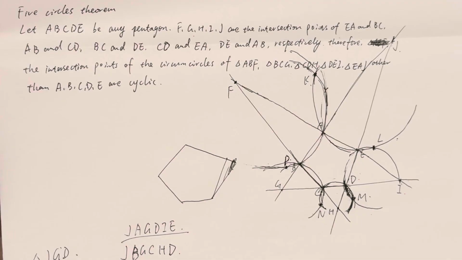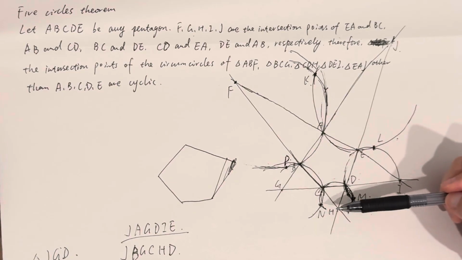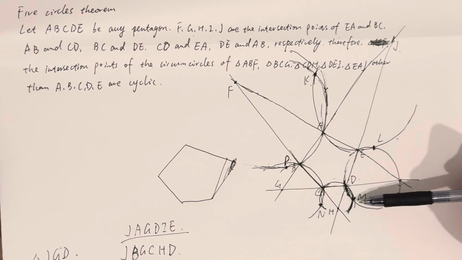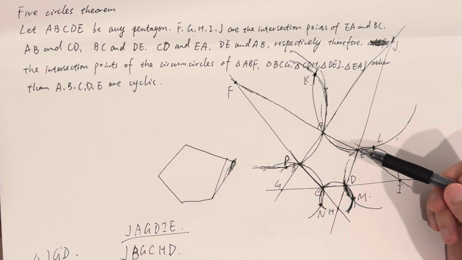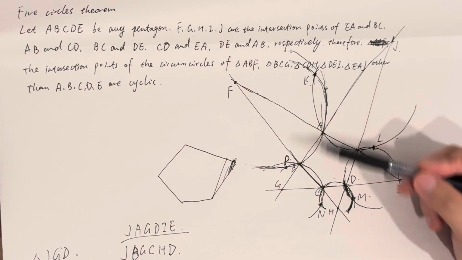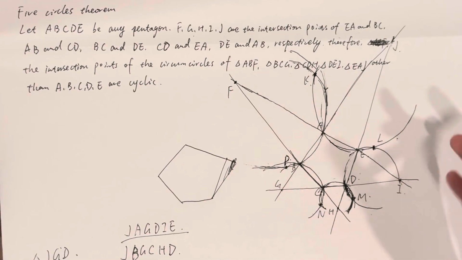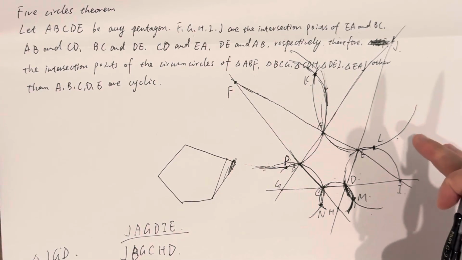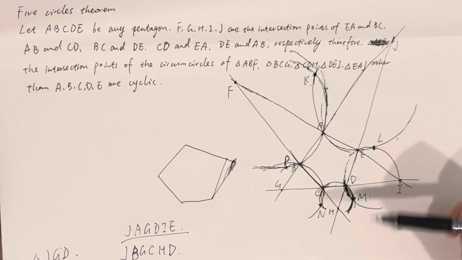So the question is that we want to prove K, P, N, M, L are cyclic. So if we can prove that any 4 points are cyclic, because this figure is like you can rotate all the characters and do the same proof, right?